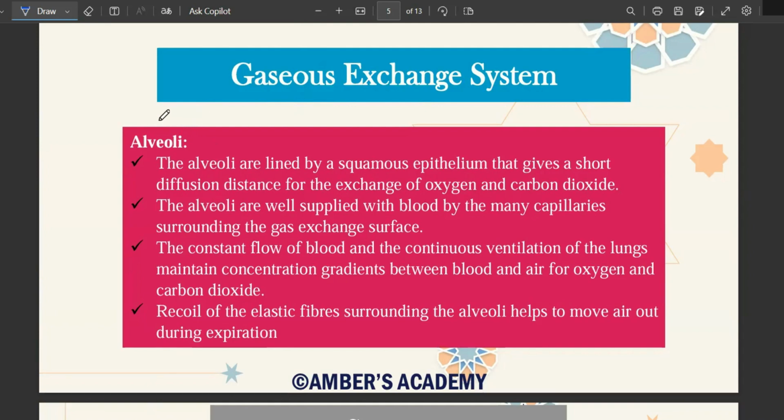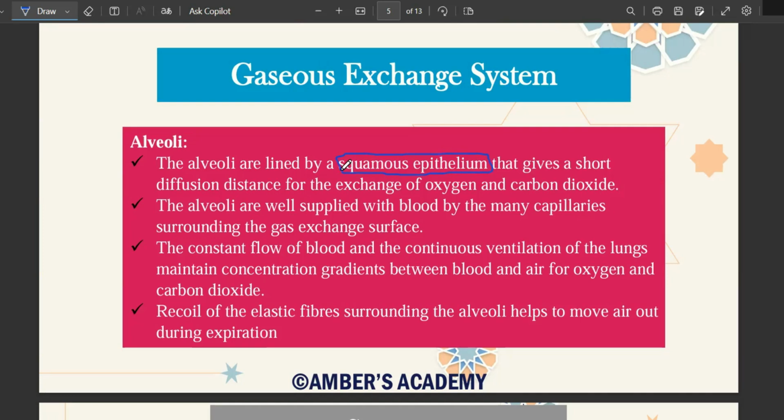Starting off with alveoli, they ask this question: alveoli is lined by which of the following? Your answer should be that it is lined by squamous epithelium. This is simple squamous epithelium because epithelium has two categories: it could be simple and it could be stratified. At this stage, we're not going to study about stratified.